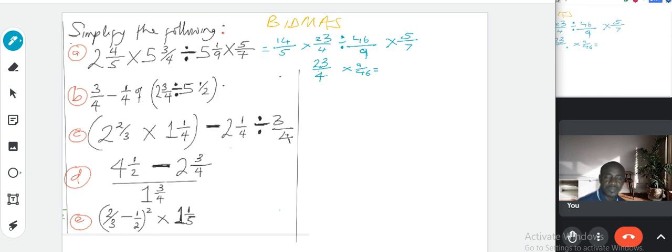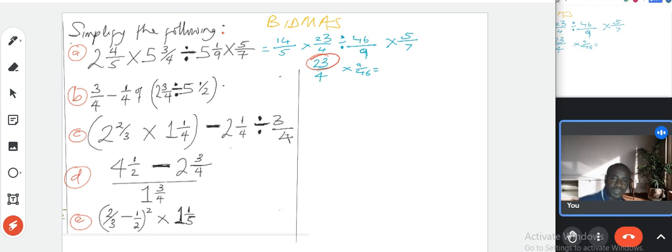Okay. Have you checked the 23 and 46? What if it can divide?